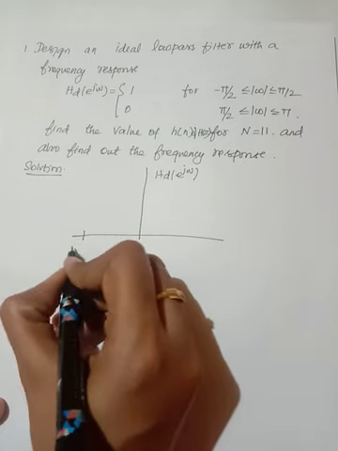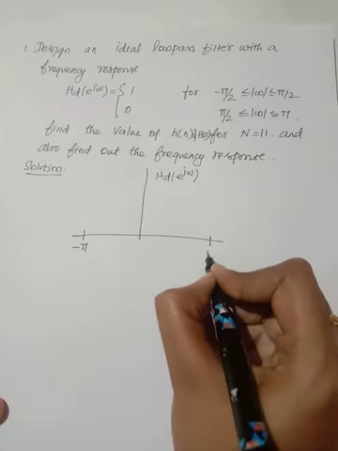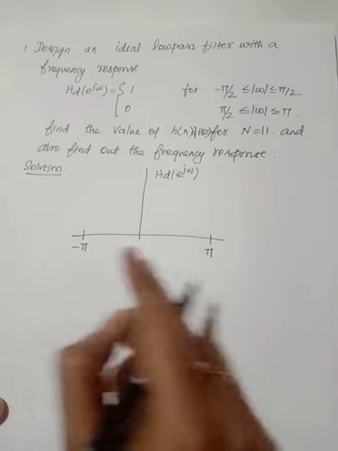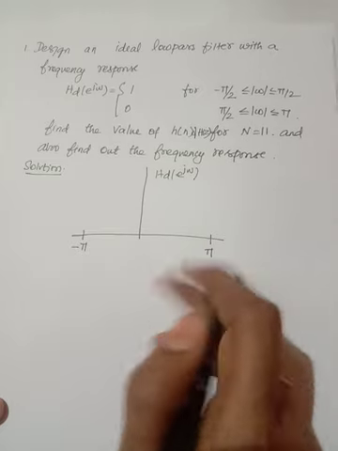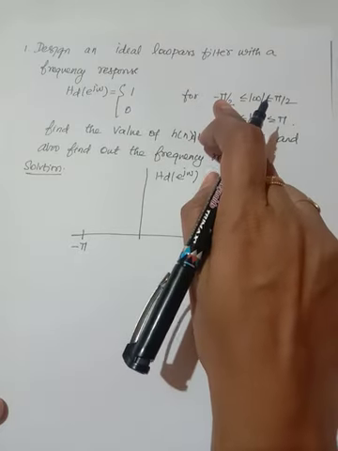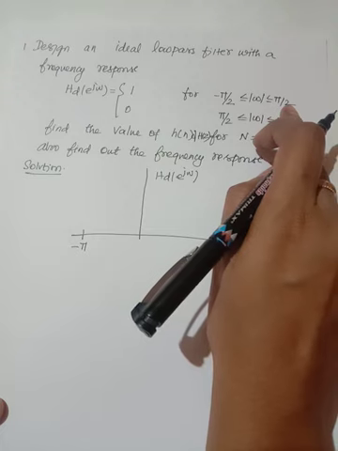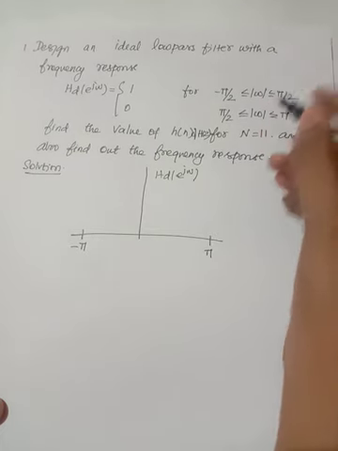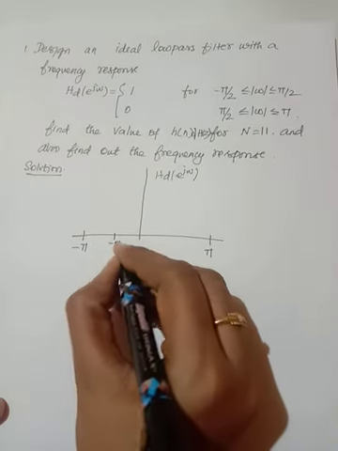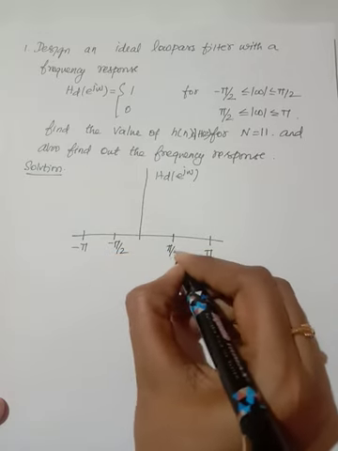Usually the range of the frequency lies between minus pi to plus pi. Now see, here it is minus pi by 2 to plus pi by 2.